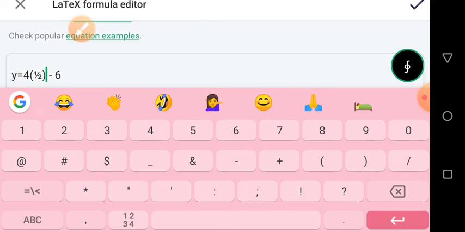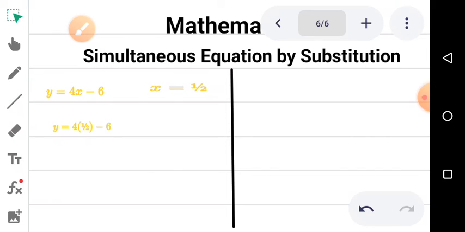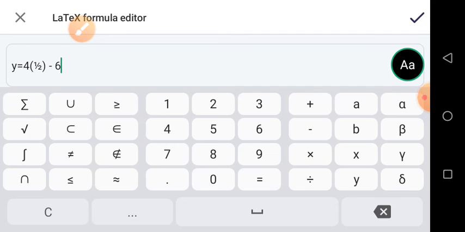When we do that, 4 times 1 over 2 will give us 2, since 2 in 4 is 2.